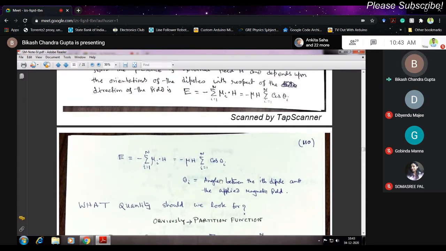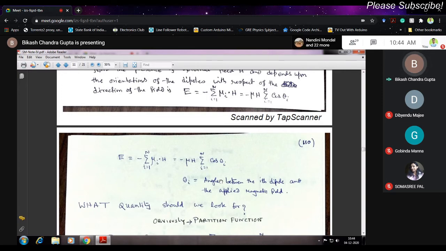Now the question I'm asking is, what quantity should I be looking for? We are going to use statistical physical tools, that is the canonical ensemble approach, to understand the behavior of a magnetic system with respect to applied magnetic field as well as temperature.